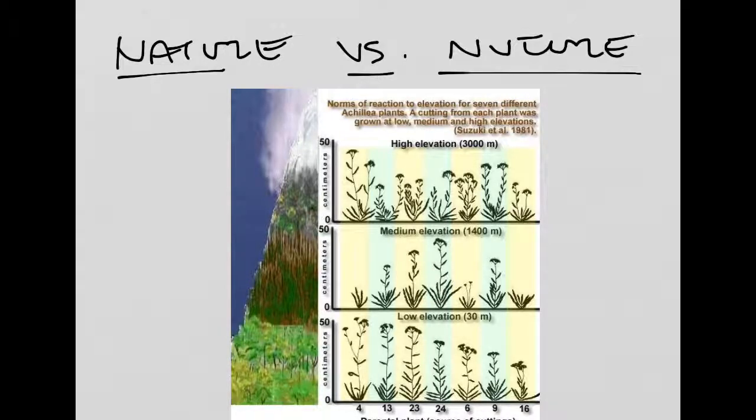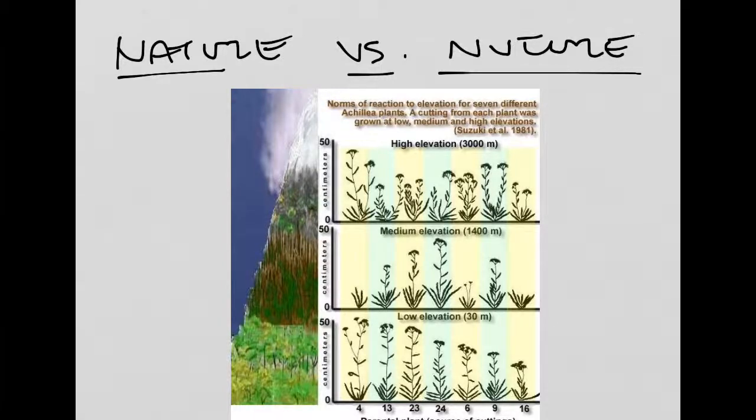So they're all genetic clones, which means that the nature is set for all these different plants. And yet when you take a look at this, if you're at high elevation, you have a very different look from those that are at the lower elevation.